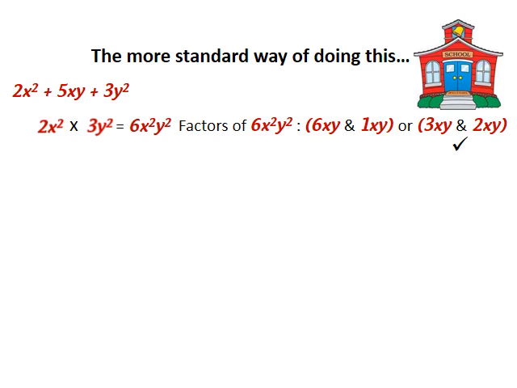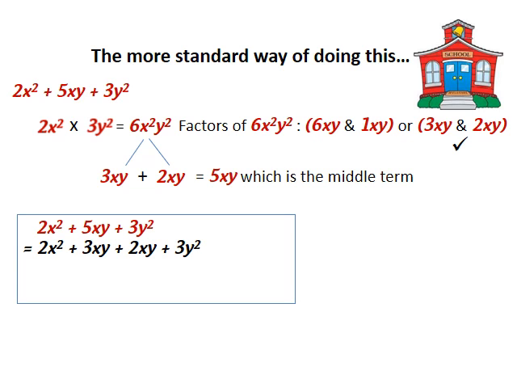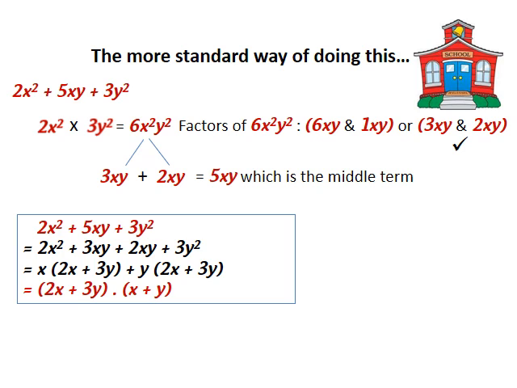So we would choose 3xy and 2xy, because the addition of that would give us 5xy, which is the middle term. And then again, we just split the middle term, take the common values, and then find the factors. So simple, right?